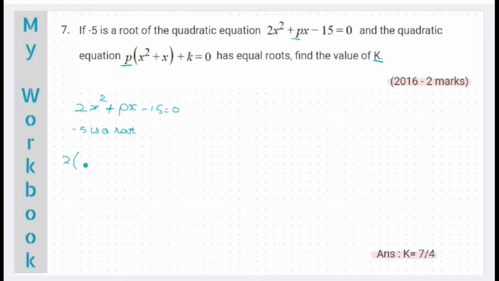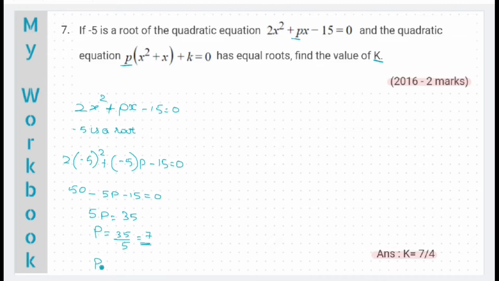So 2 into (minus 5) square plus (minus 5) into p minus 15 is equal to 0. 5 square will be 25, into 2 is 50, minus 5p minus 15 is equal to 0. From this we can find the value of p. 50 minus 15 will be 35. So 5p is equal to 35, which gives p as 7.